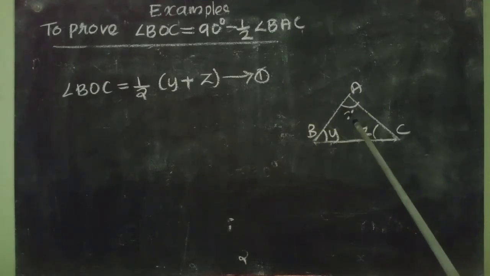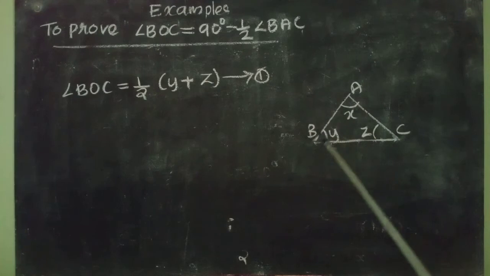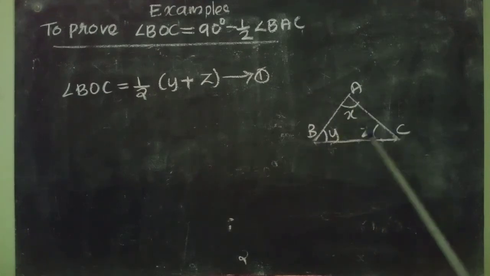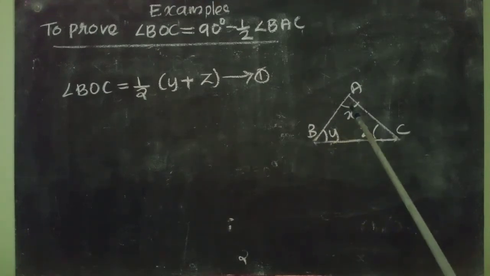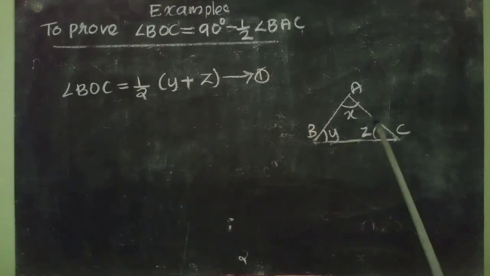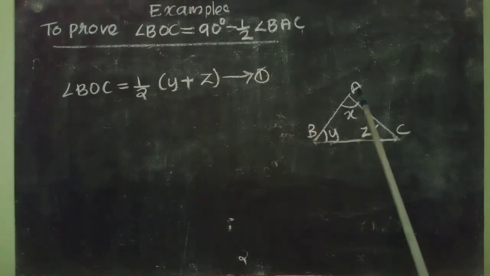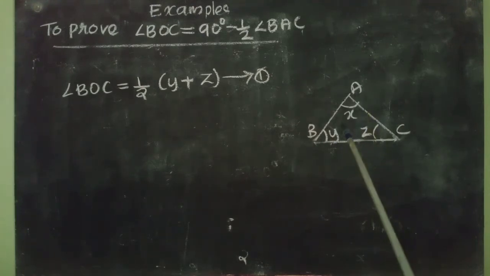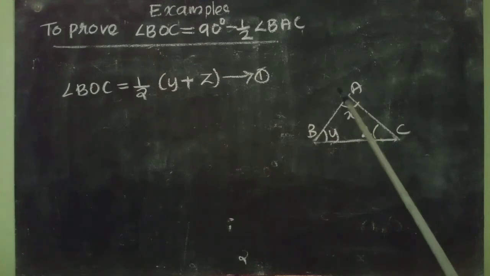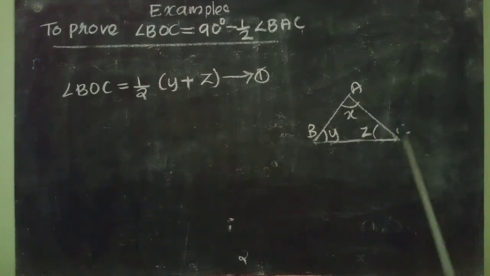Now you see the figure again. You can see here triangle BAC with the angles x, y, z. We know by angle sum property this x plus y plus z equal to 180 degree.